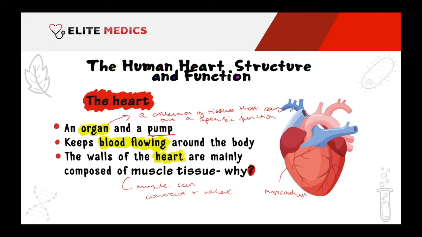What's also special about our heart is the fact that it is myogenic. I don't know if you've heard that term before, but myogenic basically means the heart beats by itself. We're going to look at how the heart does that a bit later in the session.